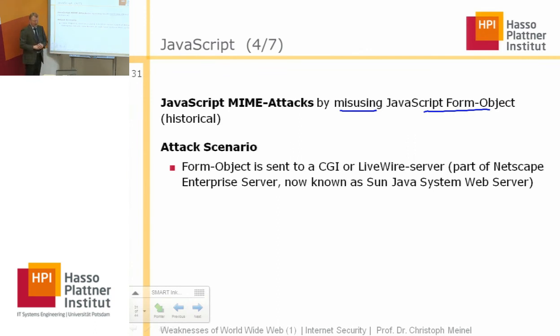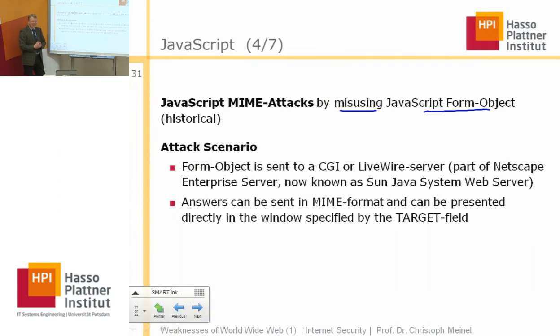This is part of the Netscape Enterprise Server, now typically known as Sun Java System Web Server. The answers can be sent in MIME format and can be presented directly in the window specified by the target file.